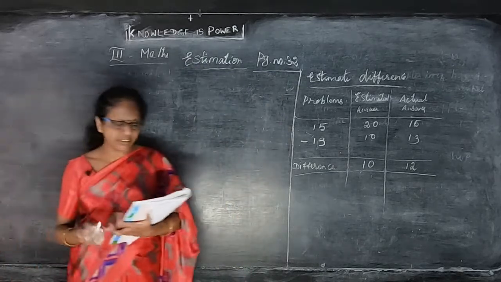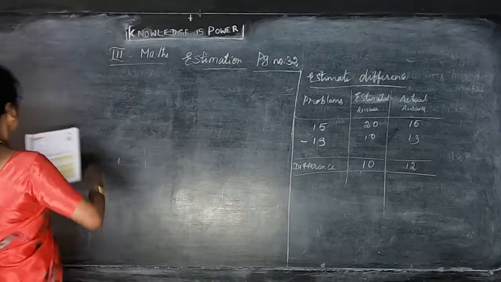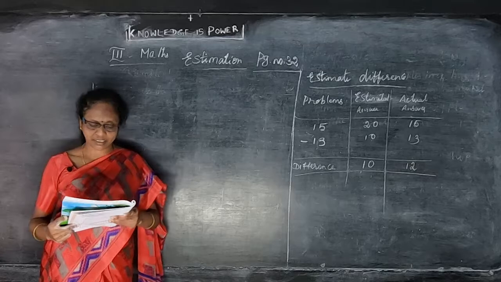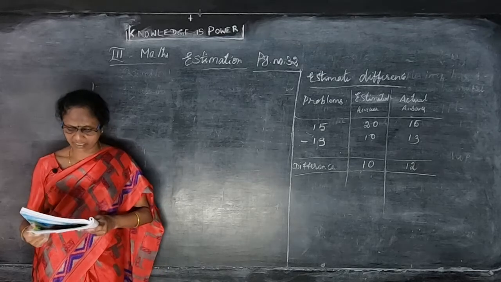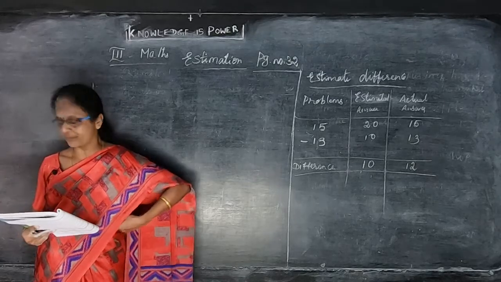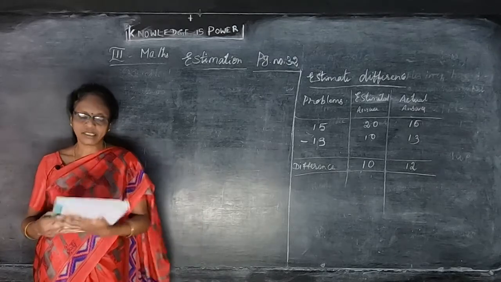Find the sum and the difference for the following. They are given the addition and subtraction. And then rounded off to the nearest tens and estimate the sum nearest tens and also find the actual sum. So we will see the sum in the next class, children.